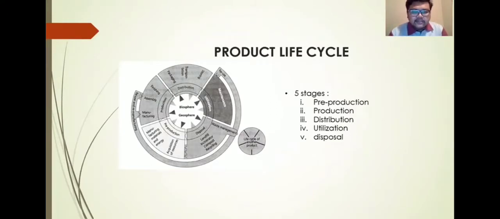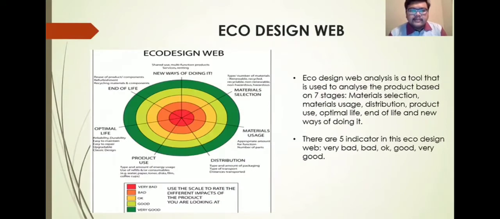We decide where we want to dispose of the end of life for the component or the product, which here we choose as the office chair. We decide whether we dispose of it at the landfill or we can recycle some of the components of the office chair. And then I continue with the eco design web.